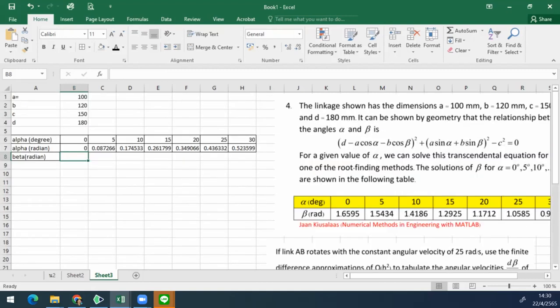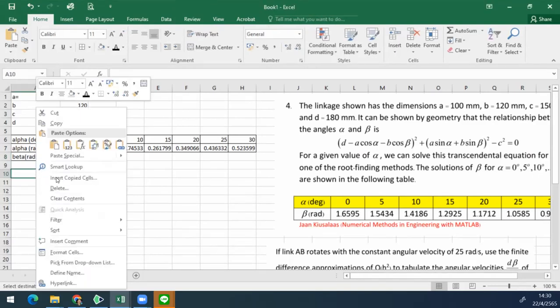We may use the second method to determine that, so I will select the second method like this.